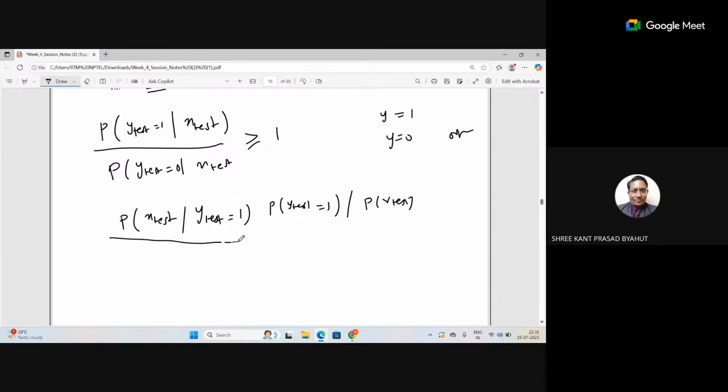This is the Bayes rule, right? And now the whole thing is divided by the same for y test equal to 0.